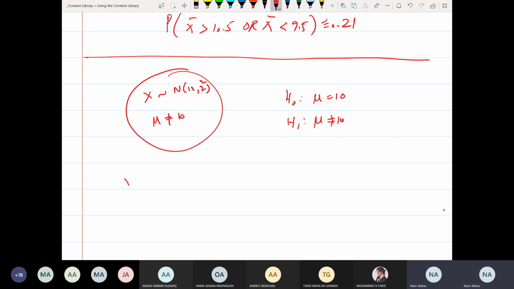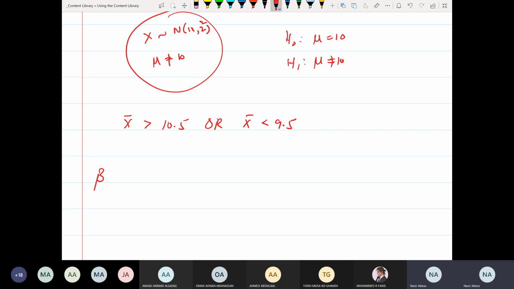Now my rejection region is either X bar greater than 10.5 or X bar less than 9.5. Now I'm finding beta, and beta is found under the situation when your H naught is false. So beta will be the probability of failing to reject H naught given H1 is true, or H naught is false.